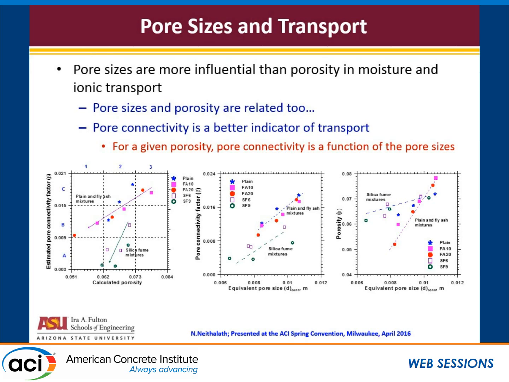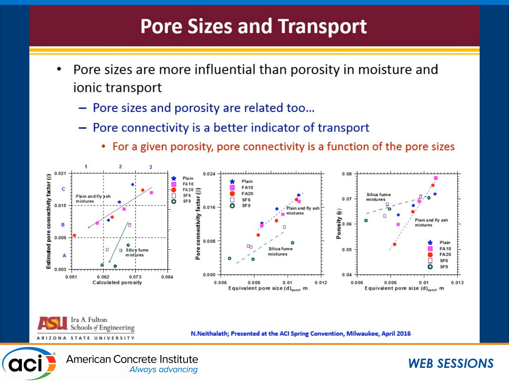And that is translated here when you look at pore sizes versus porosity. Silica fume has smaller pore sizes for the same porosity. So both these pictures together, you can show that actually it is the pore sizes that reduce the transport, not the porosity per se.